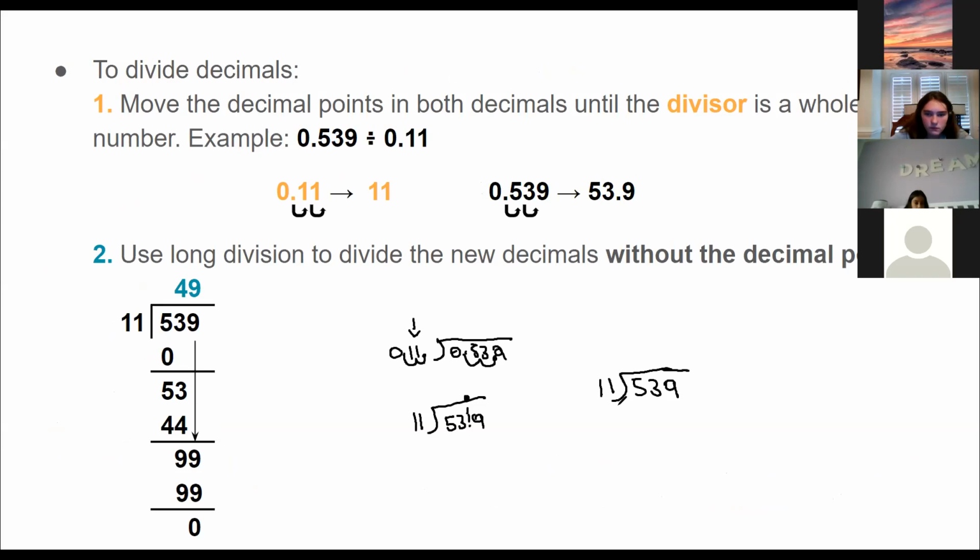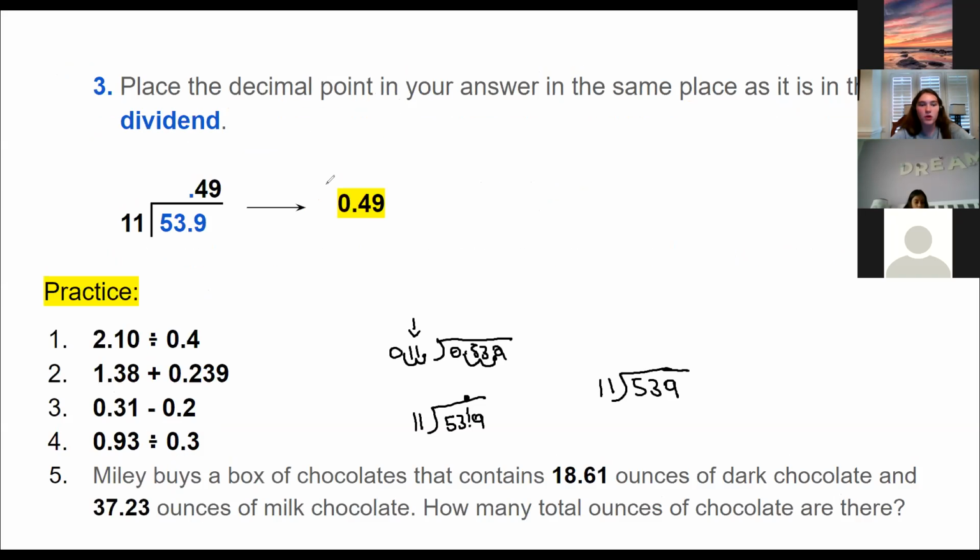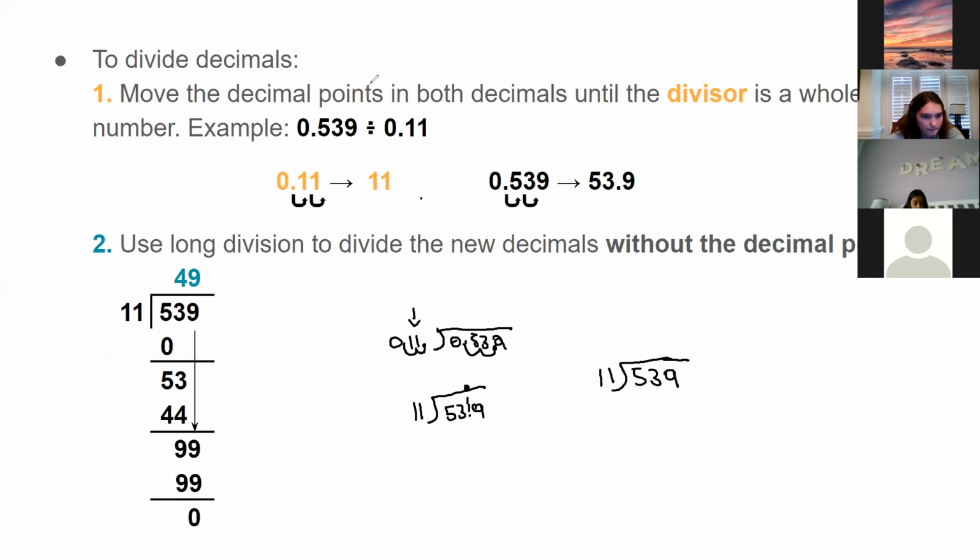As you can see, the long division here is being worked out, and we have 49 right here. So when I move on to the next part, we need to place the decimal point back. And what they mean by that is to make sure, hang on.